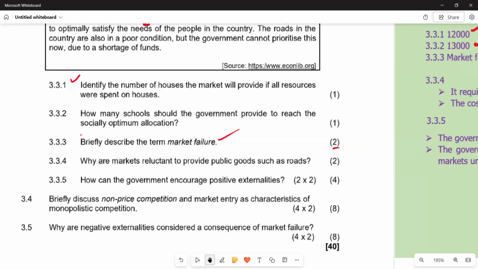On the other hand, we can define it from a microeconomic point of view. That is, we are defining it as a steady state of disequilibrium in which the quantity supplied does not equal the quantity demanded. So whenever there is a shift from the equilibrium point. Remember, when the market forces of demand and supply are left free to prevail, we are going to have an equilibrium point where we have the determination of the price, where there is an intersection of the supply and demand curve, the supply curve being positively sloped and the demand curve being negatively sloped.